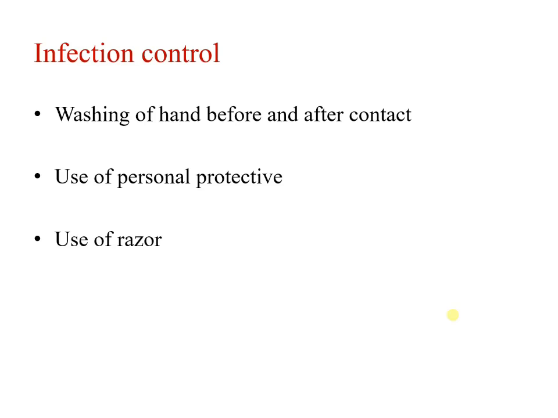It is an important step for both the operator and the participant, because while putting on the electrodes, you both come into physical contact with each other. Then the operator can use personal protective equipment like hand gloves, and since this is the time of COVID, if you are taking data in this period, you must have a protective mask on your face.